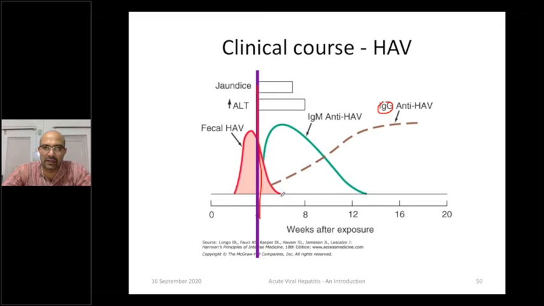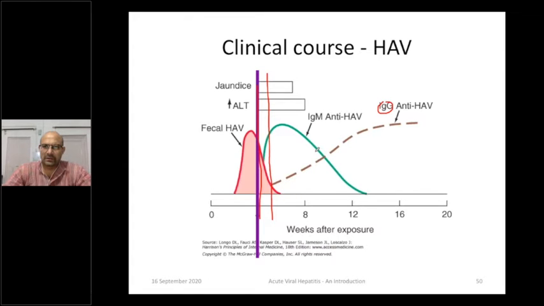Whereas if you were looking at this same patient after the onset of jaundice, then the virus shedding has already ended or is practically about to end in the feces, whereas he's symptomatic with jaundice and a rise in ALT. But this time you might find IgM antibodies in the sera of the patient if you examine them.